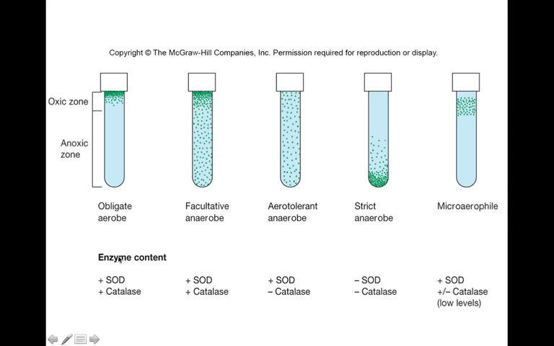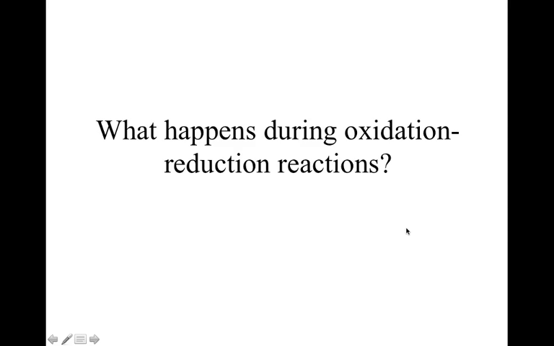So the obligate aerobe has these enzymes, the facultative anaerobe has them, the aerotolerant has some, the strict anaerobe would often not have these enzymes, and then the microaerophile would have some of the enzymes, but not always all of them.